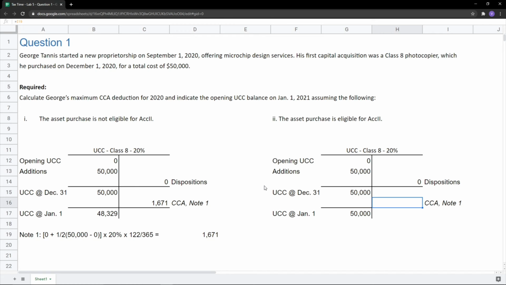Really what we need to do now is calculate the capital cost allowance. And I think I'll just put a note down here to help us keep track of our calculation. Essentially, the Accelerated Investment Incentive allows a 50% increase in the base for calculating the amount of CCA that can be deducted. So we can take our opening balance and we can add our net additions, 50,000 in additions, subtract 0 in dispositions.